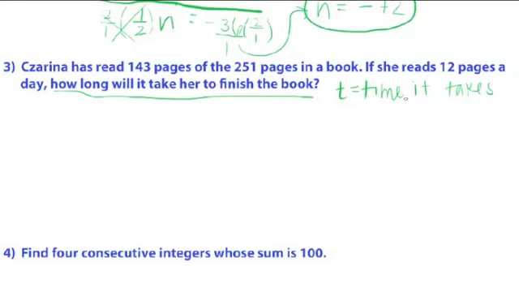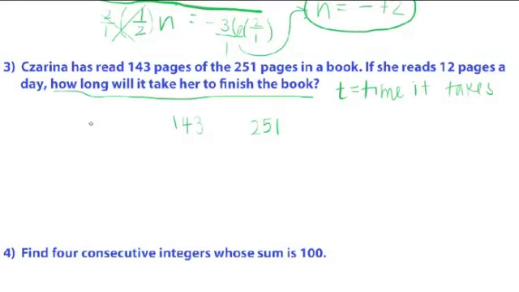Okay, so what can we put together here? We definitely know she's read 143 pages, and there's 251 pages total. Another thing that I know is she reads 12 pages a day.